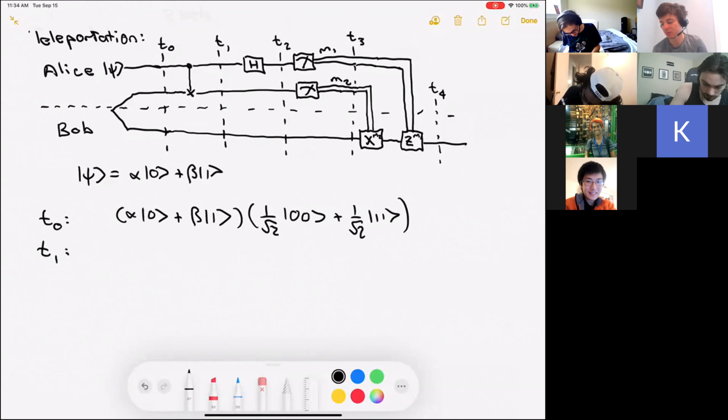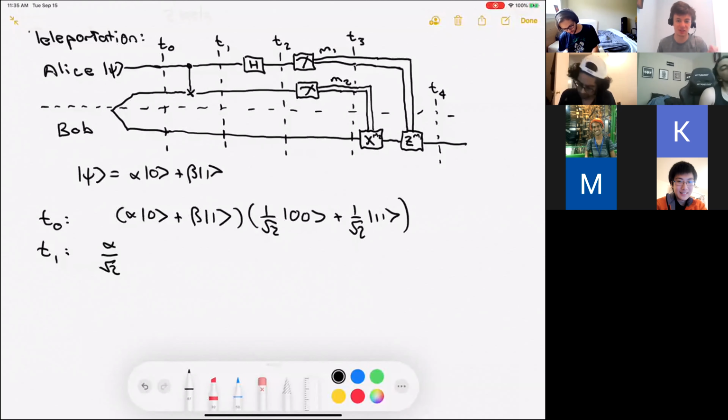So we're going to have 4 different terms here. Okay, so we have alpha over square root 2, 000. Anyone going to tell me what that's going to go to? Come on, guys, someone say this. The input 000?